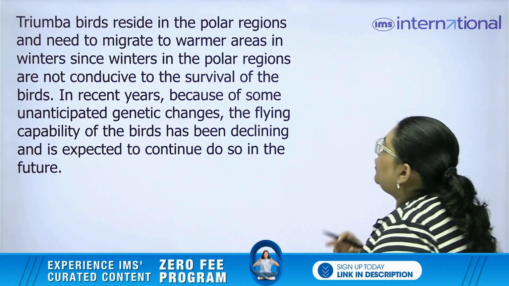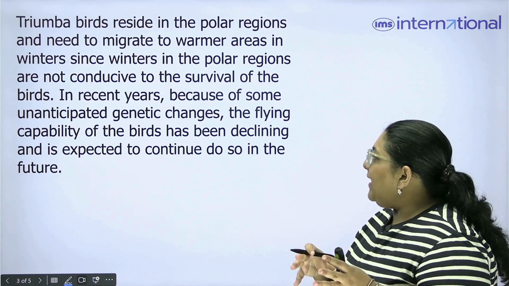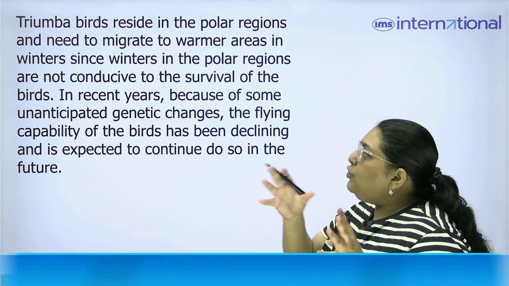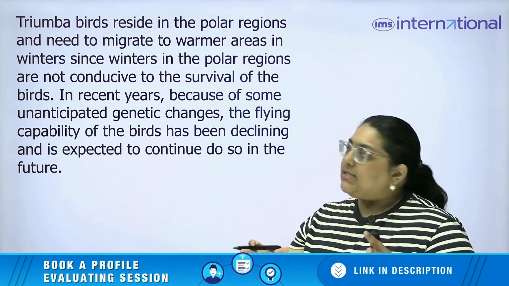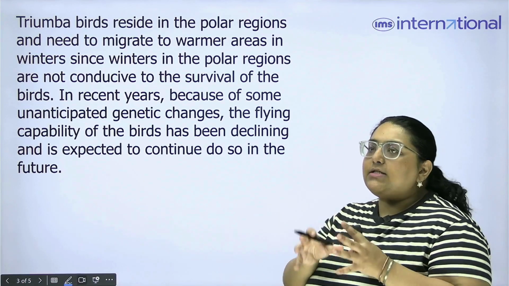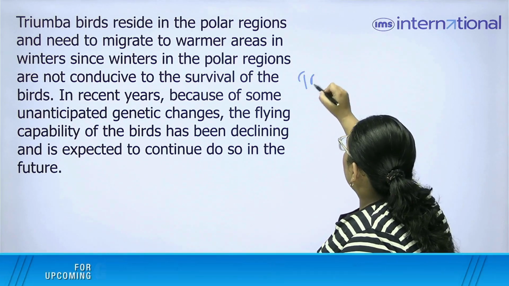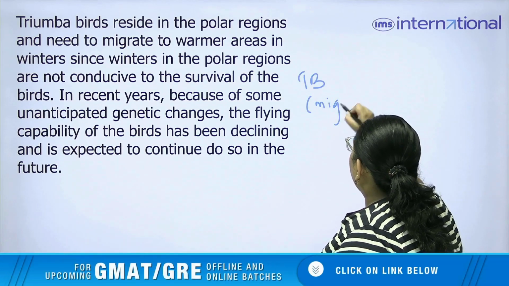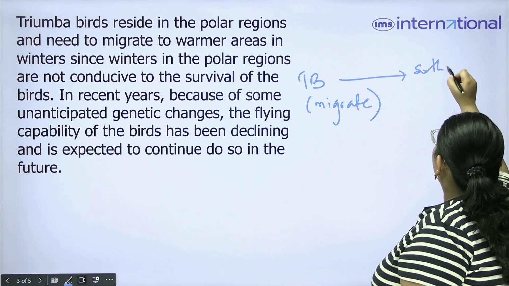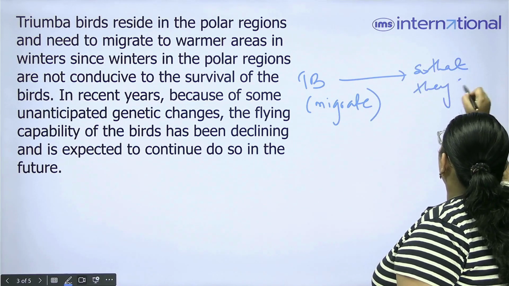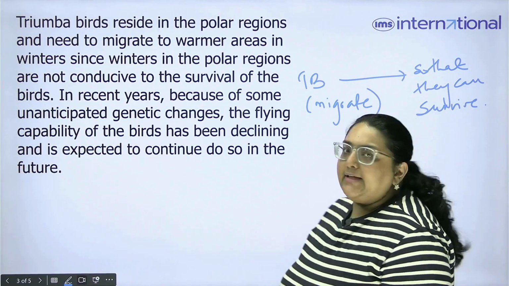That Triumba is a species of bird which stays in the polar regions, and they have to migrate to warmer areas in the winters because winters in the polar regions are not fit for their survival. So what can we say? That these Triumba birds have to migrate to warmer areas so that they can survive. That is what we know from the argument up till now.